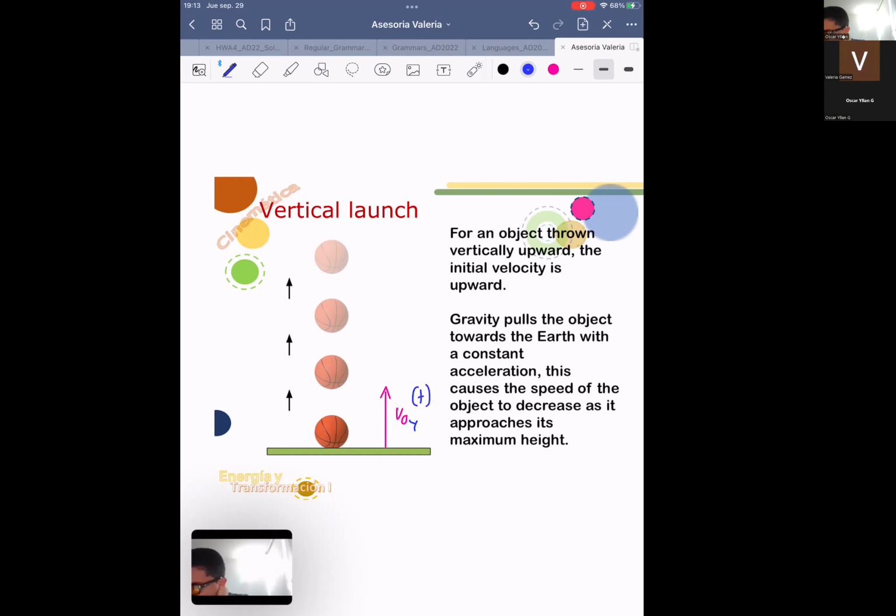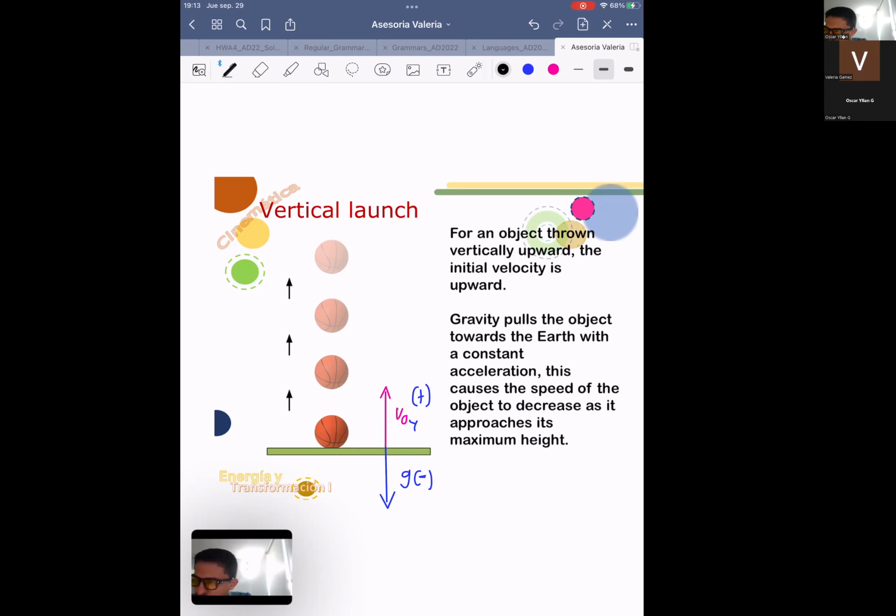Perfect. And this one is going to be affected always by g, by the gravity, which is negative. Remember that g is an acceleration, and if it is negative, this means it will diminish the velocity.